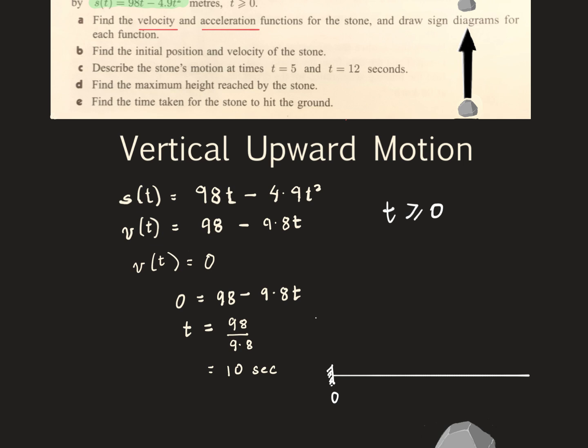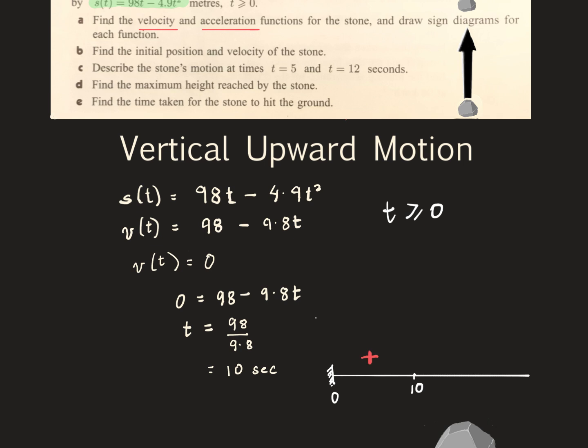Now we're told that the velocity changes sign at 10 seconds. So what we want to do is find the sign between 0 and 10. Substituting a number between 0 and 10 into our velocity function will give us a positive result.